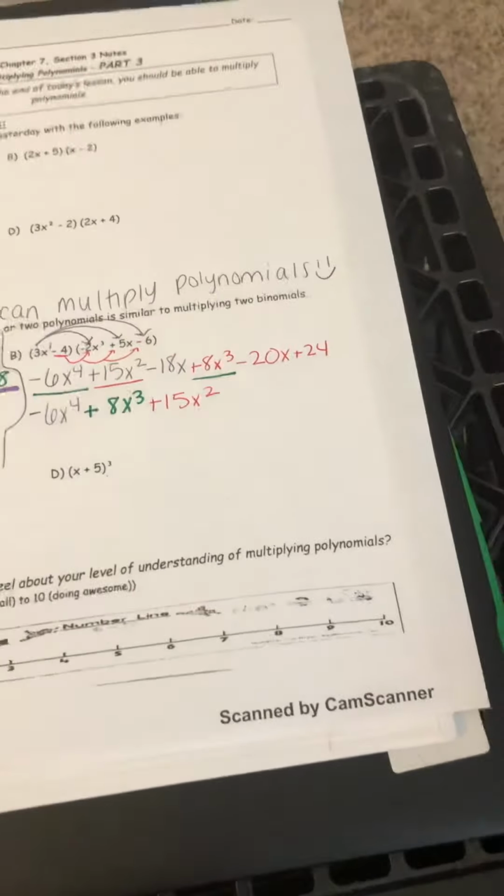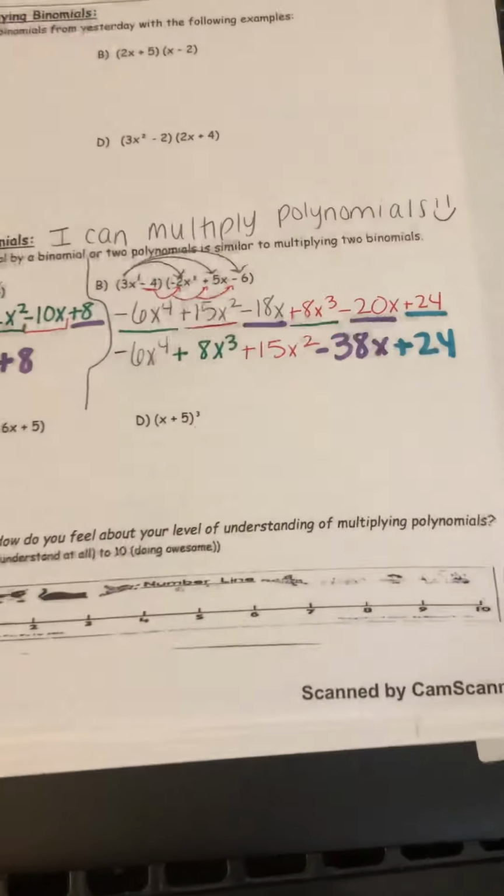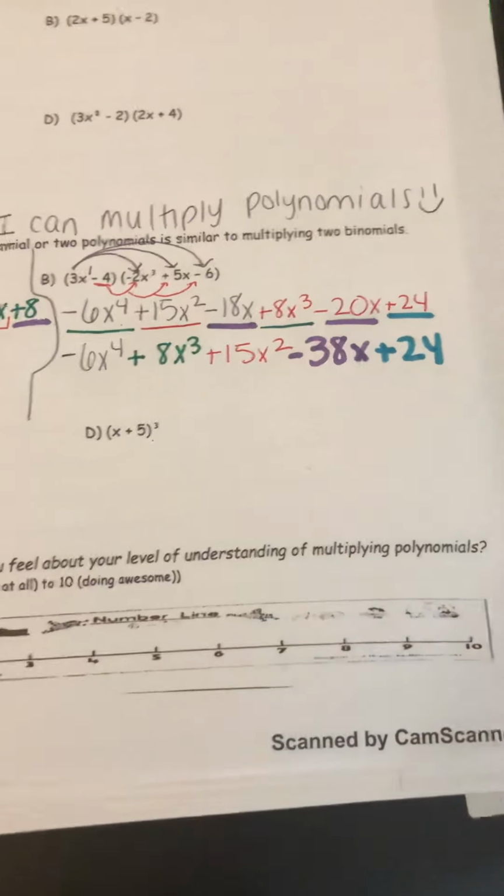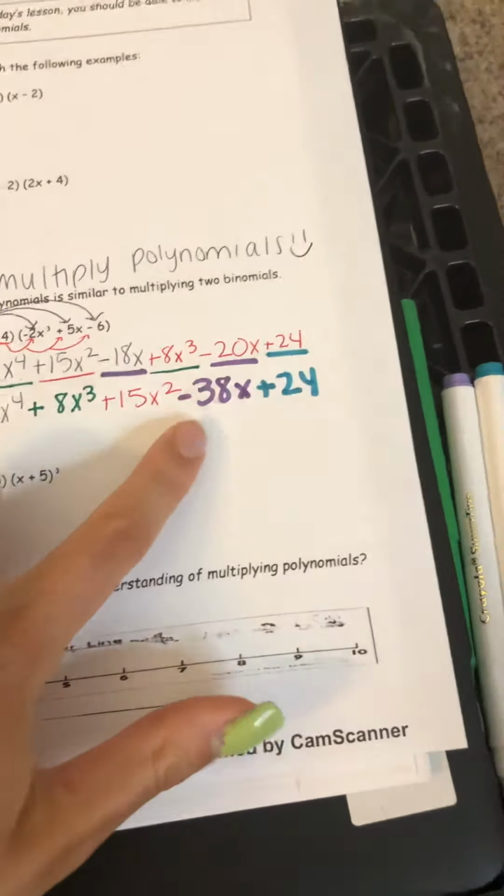I have negative $18, but I spend another $20, so now I'm negative $38 in the bank with my x. Then my very last term that's all by itself is that positive 24. And now I am done with this problem. It's simplified. It's going from high to low with my constant, just my number, at the end.